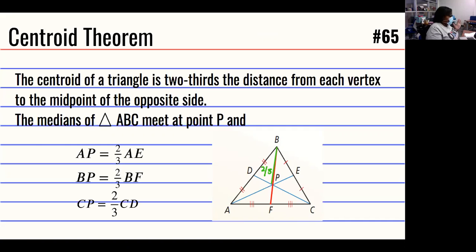And so that means that the portion from P to F is just 1/3. And if I go the other way, then the measurements don't work out. Okay, so you have to make sure that you're starting at the vertex, going to the centroid. That's the 2/3. Okay. All right, let's look at an example.